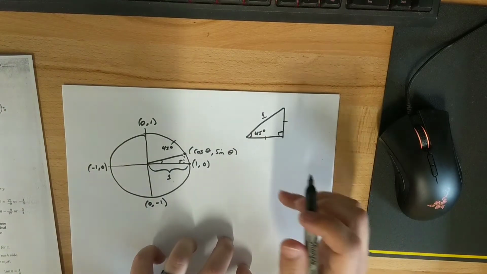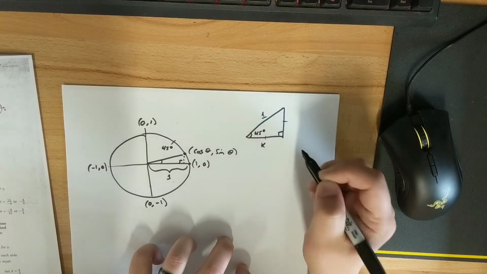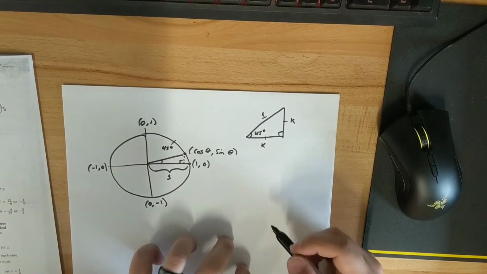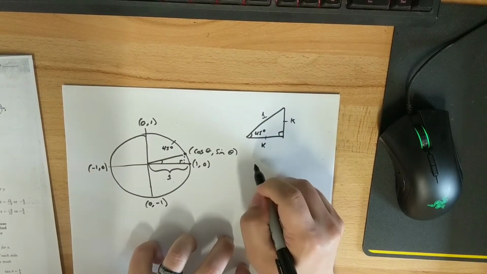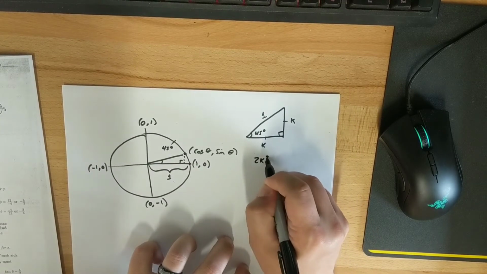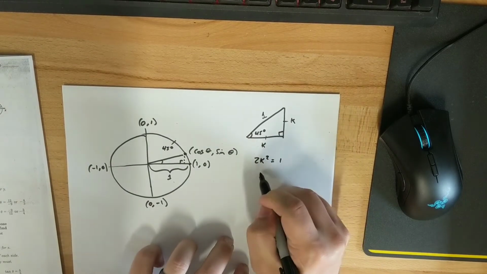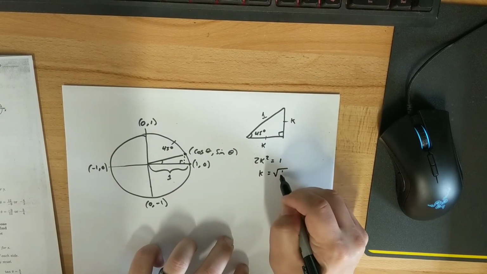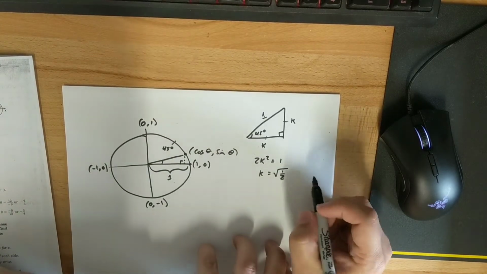Let's pick a letter and call them K. So this is K, and that's K. I do Pythagorean theorem: K squared plus another K squared is equal to 1 squared, aka 2K squared equals 1. I divide by 2 and take a square root, and I get K equals the square root of 1/2. That's a little bit yucky.